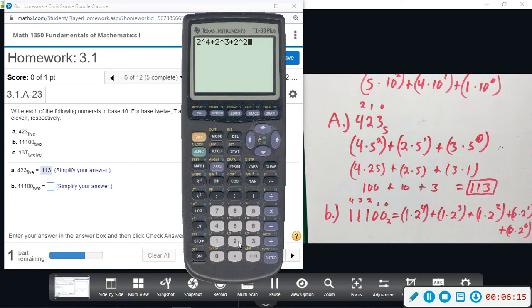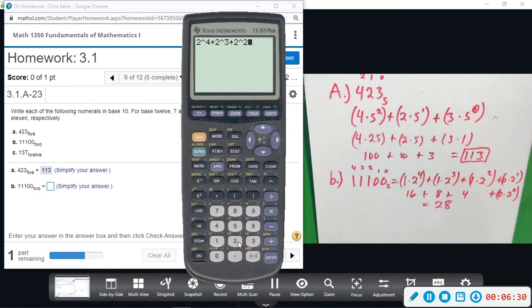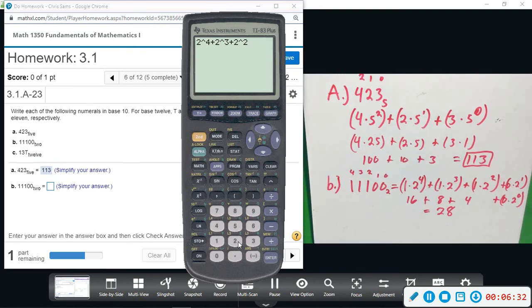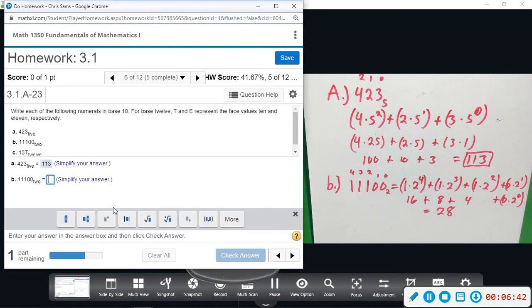So when I do this with the calculator, 2 to the fourth, that's 16 plus 8 plus 4. That should give us 28. That's what I'm expecting to see in the calculator, 28. Okay, we get 28. So this number, base 2, 11100, is actually 28 in our base 10 counting system.